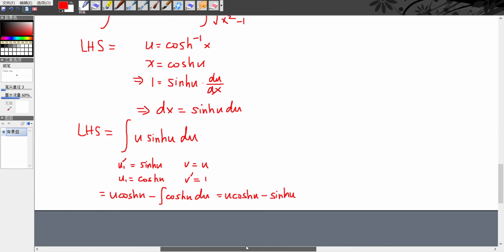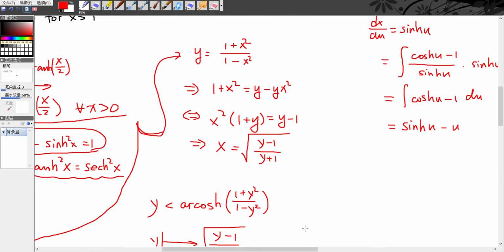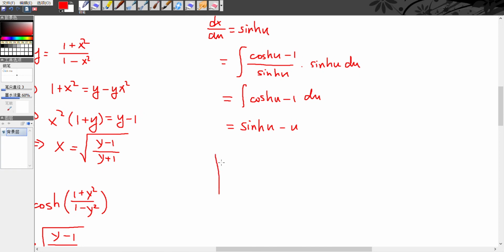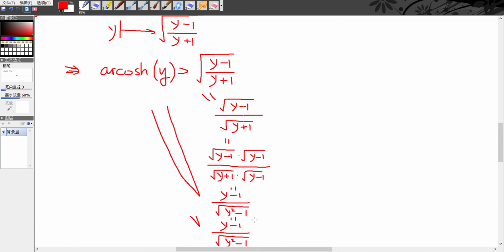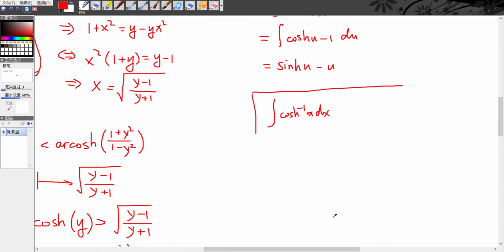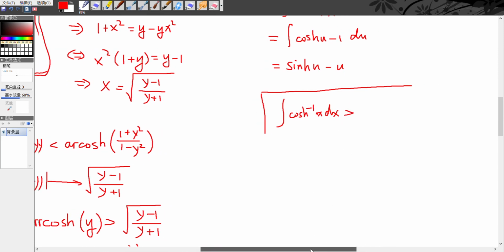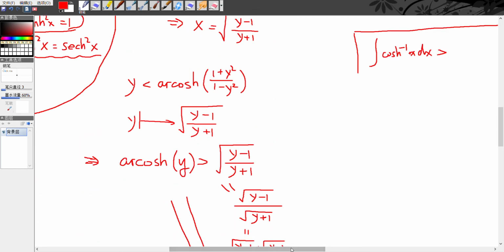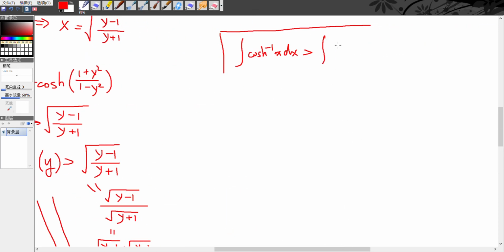And now we rewrite our inequality. So the inequality of integration arc cos x dx is bigger than the integration of x minus 1 over the square root of x squared minus 1 dx.